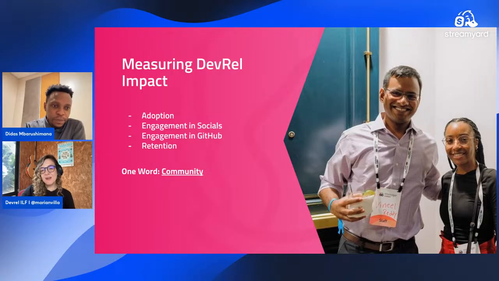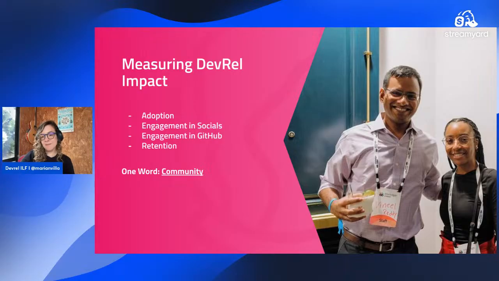If we are talking about measuring impact, we want people to adopt the technology because it's out there for you to use. It's just at the distance of one click and one commit of a PR. You can also engage in socials, directly in GitHub, as I say, and the idea is to build products that are committed to the community.